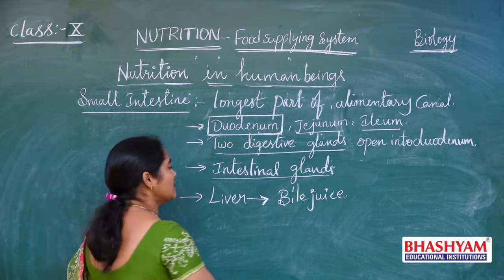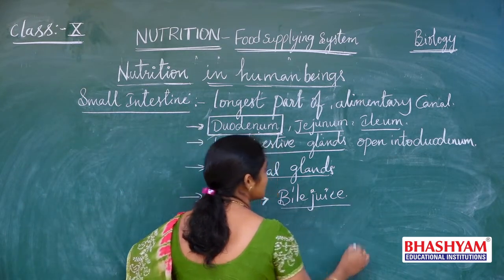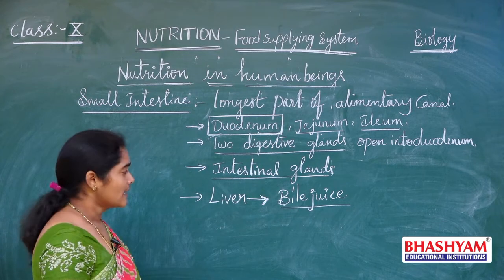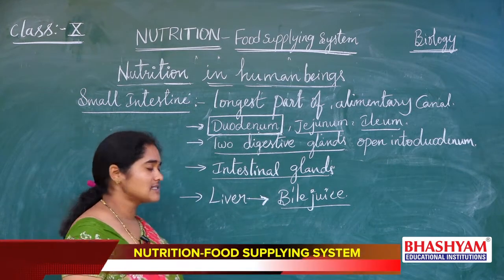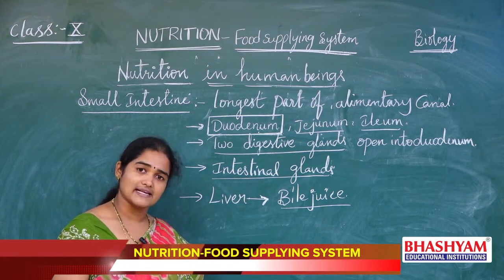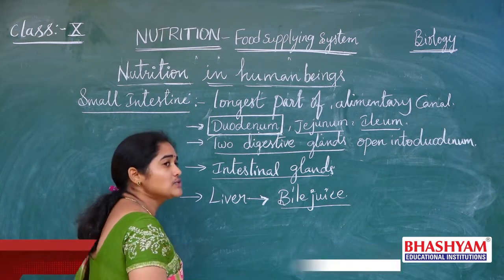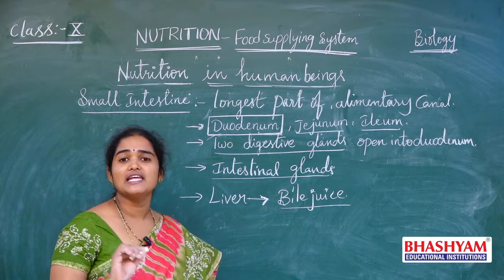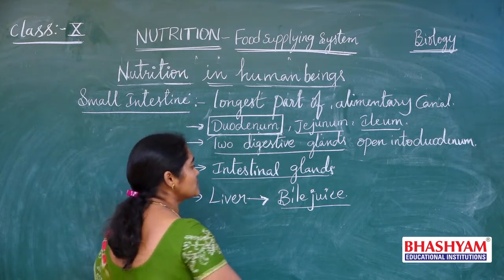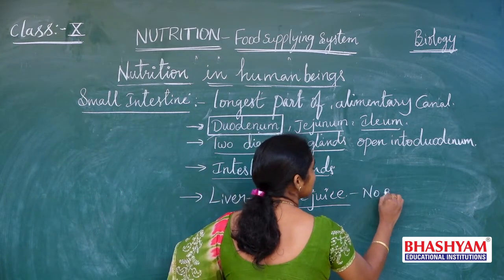Generally in the salivary glands, saliva contains an enzyme, and the gastric glands produce gastric juice that contains enzymes. But the bile juice does not have any enzymes.